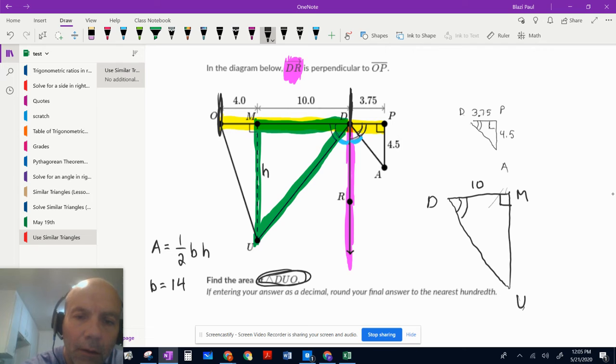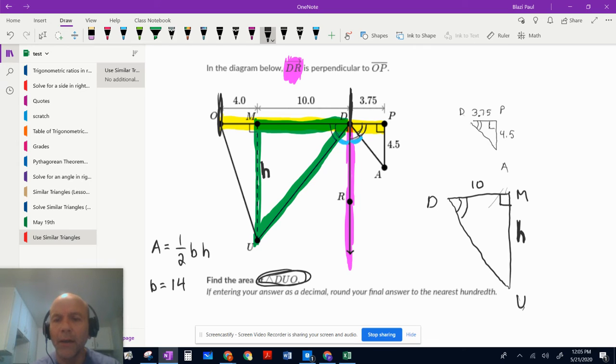That's MU, right? I need that height. And how do I get that height? Well, guess what? That height is on this triangle over here. Okay. All right. So see how I put that H in over here, right? So now we just need to solve this, and we have our two similar triangles, don't we?